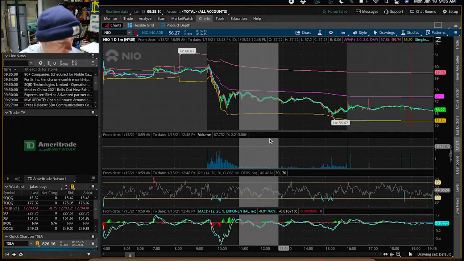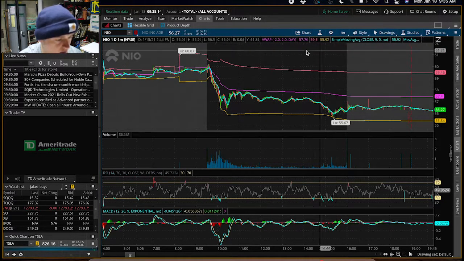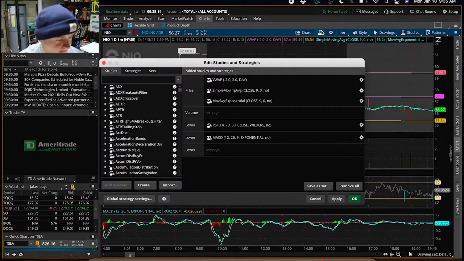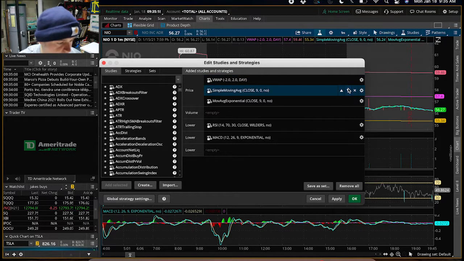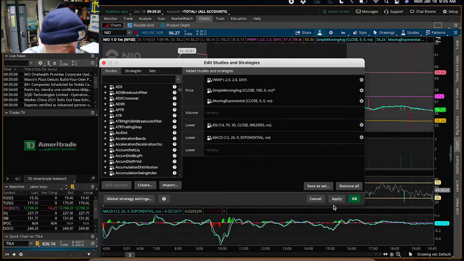So we got all these new things to talk about, all this great stuff showing the stock indicators. If we go back into studies, you go to simple moving average. I like to change my simple moving average to 180 days. Boom. And then I keep the exponential average at 9, hit apply again, and boom.